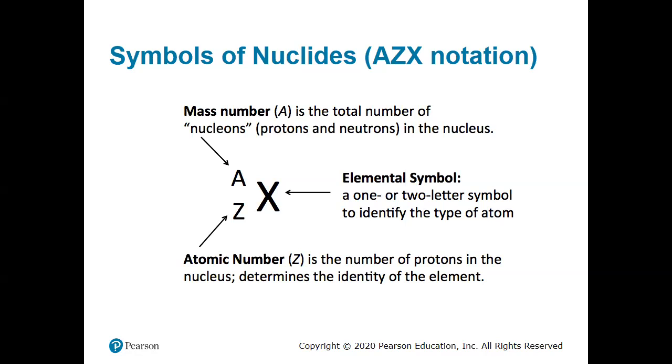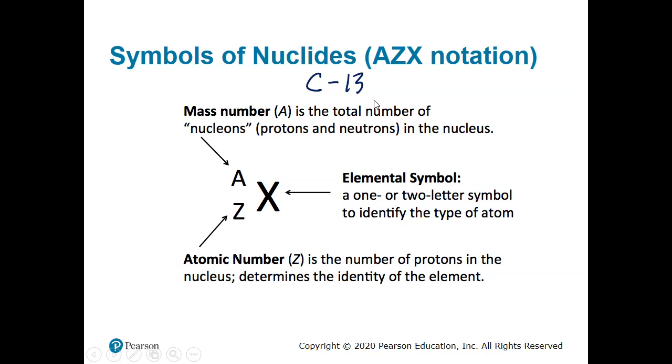There are two primary ways that we can identify an isotope using shorthand. One of the ways is simply using the elemental symbol and its mass number. So for example, we could use carbon 13 to describe an isotope of carbon.